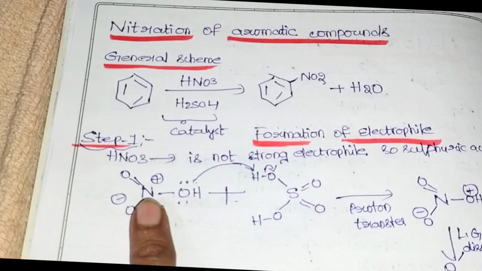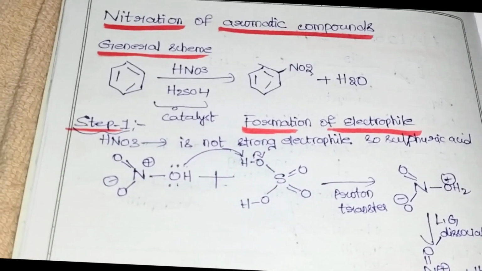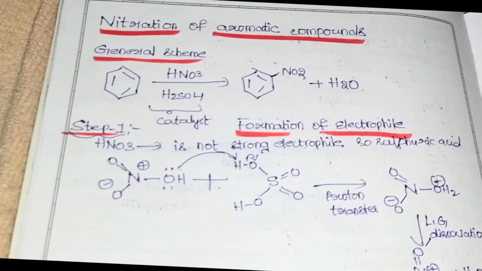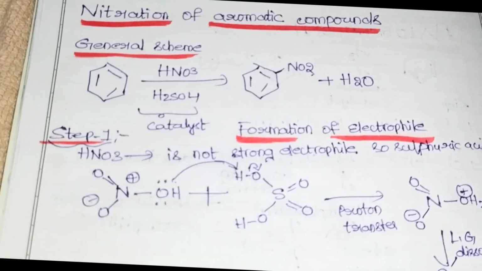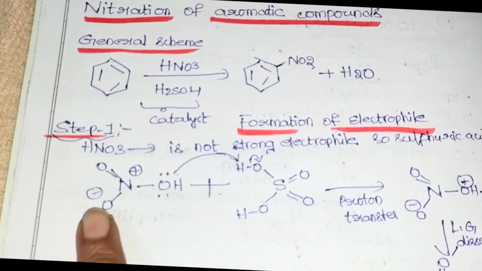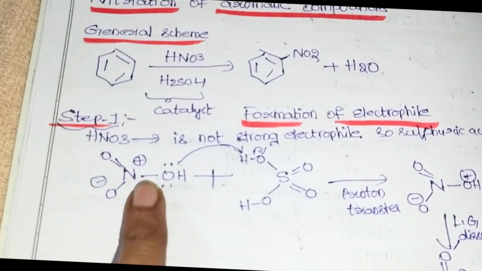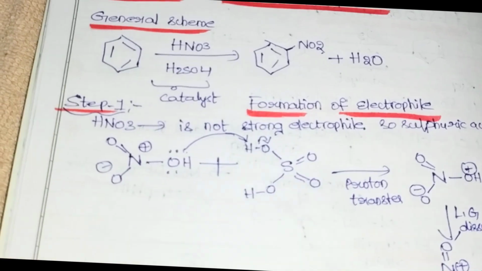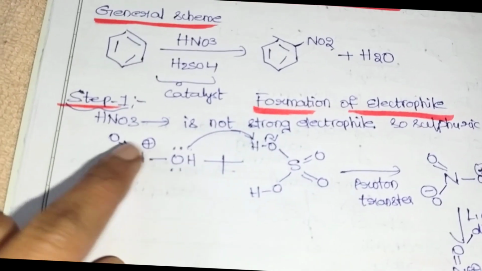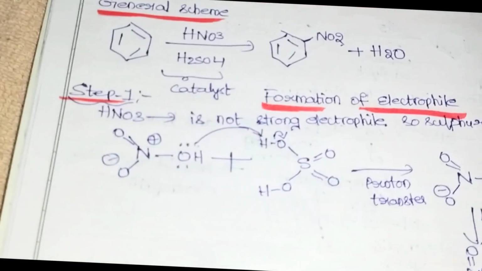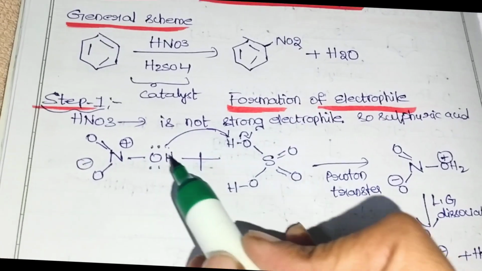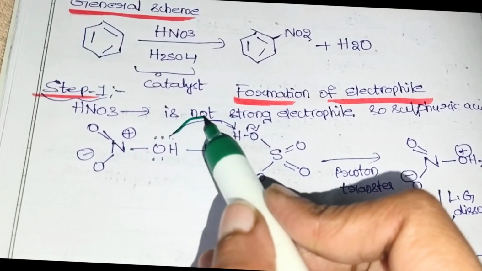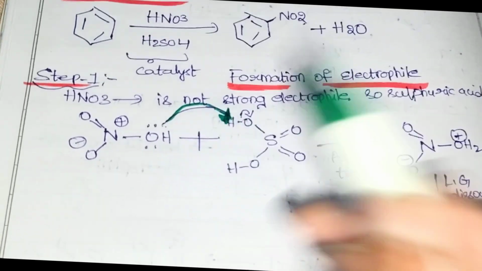So the generation or formation of the electrophile is the first step, as we saw in the last reaction also. Here in nitration, HNO3 reacts with sulfuric acid, and a proton transfer happens.